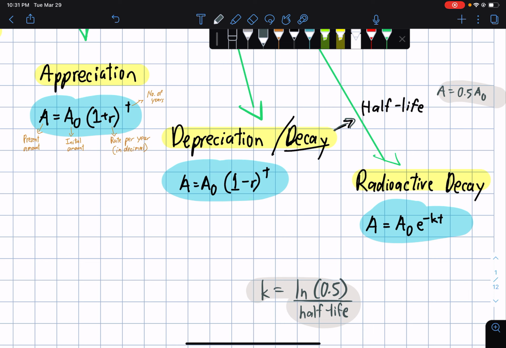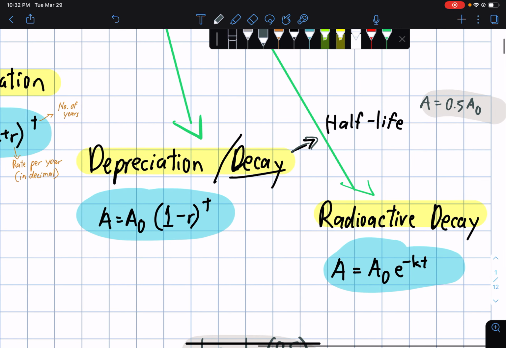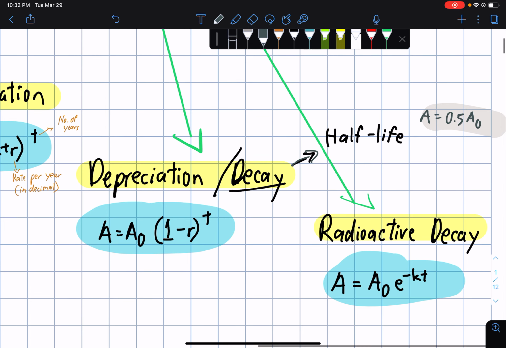In order to solve for half-life, there is one formula that you have to take note of. Usually A and AO, the present and initial amount respectively, aren't given specific values, especially when solving problems about decay, something related to bacteria, microbes in particular, algae, viruses, that kind of stuff.